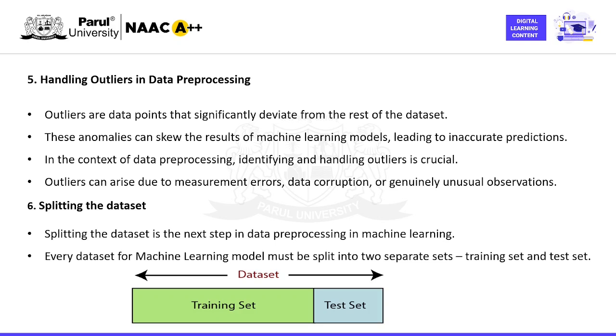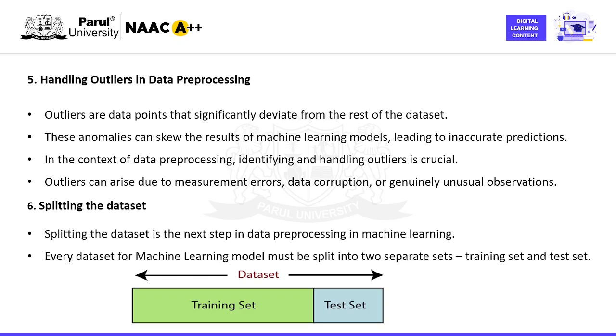If we talk about a student record, the age of the students is around 20, 22, 21, 23, like that, and someone has the value of 98. That type of value is known as an outlier. So we need to handle this type of value as well, and in the context of data preprocessing, identifying and handling outliers is very crucial.